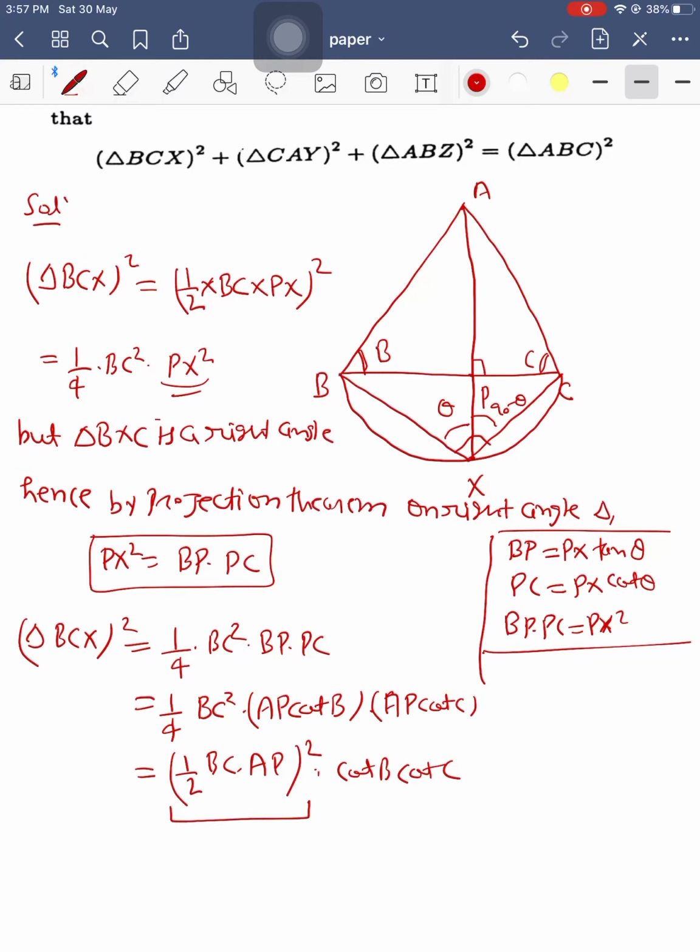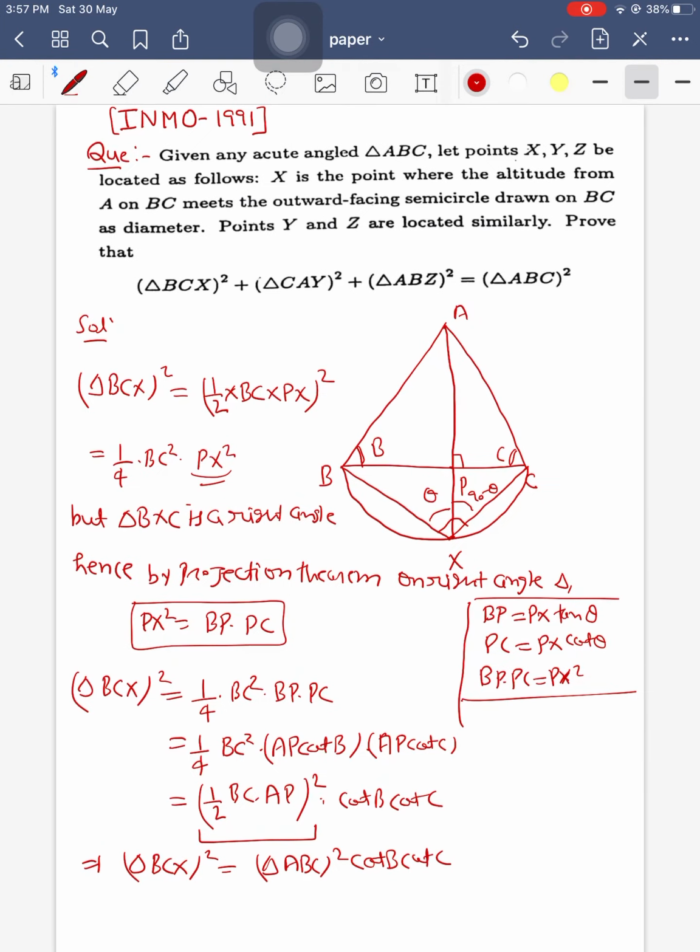Half into BC into AP means area of triangle ABC. Therefore we can write from here that the square of the area of triangle BCX is the square of the area of triangle ABC multiplied by cot B cot C.